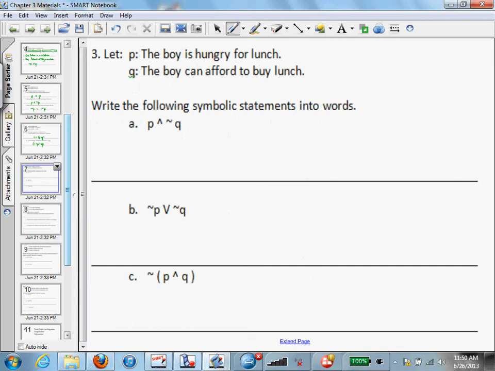Okay, we have something similar here with the hungry boy and his lunch. So we have, write the following symbolic statements into words. Okay, we could say the boy is hungry for lunch.